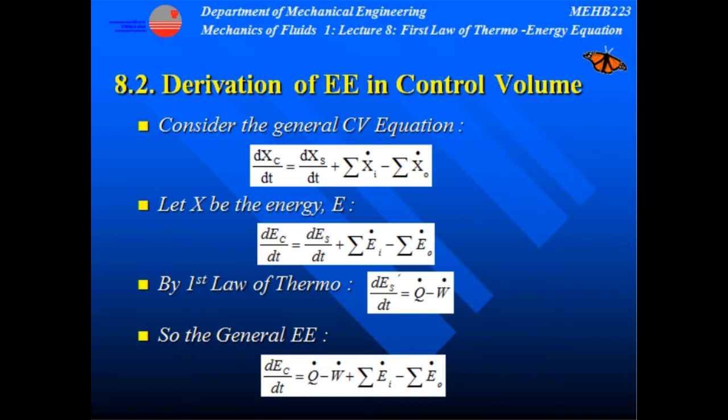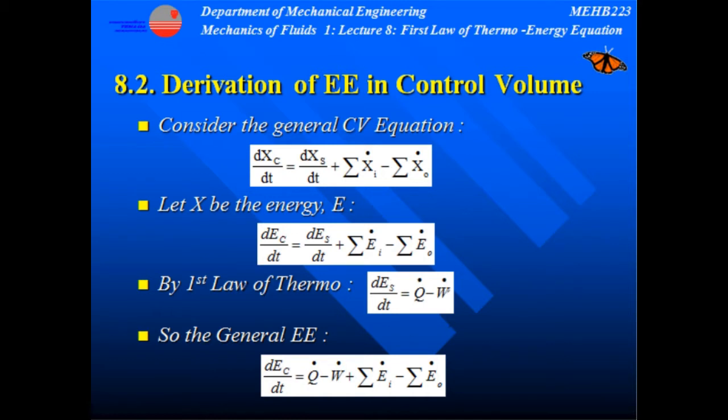And as I mentioned just now, in the first law of thermodynamics, the total stored energy of the system is equal to the energy addition by heat transfer into the system plus the energy addition of the work transfer by the system. If you write it in rate form, you will get this.